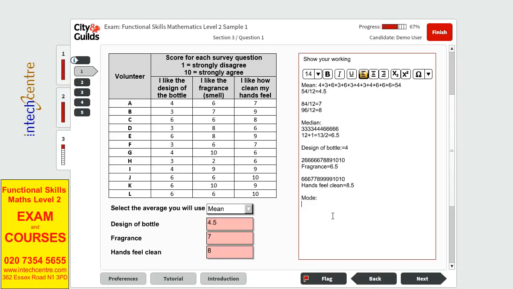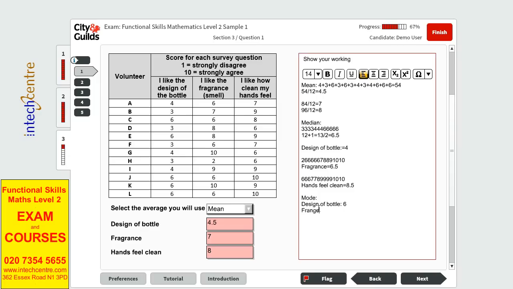we would have to put them in order. They are already in order, so we can decide off of the median. So the 6 is our modal value. Design of bottle, it's 6.